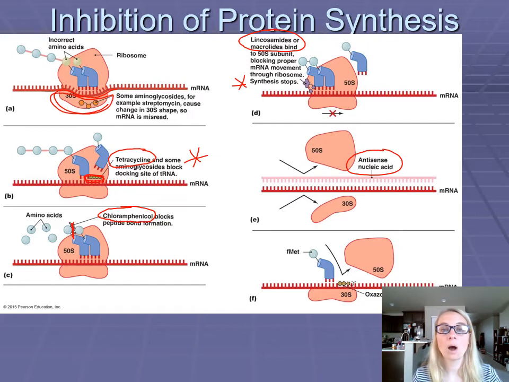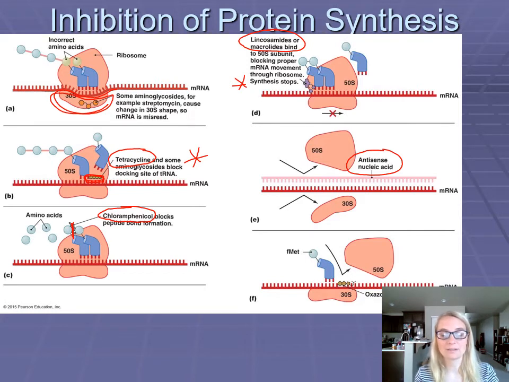They can make a complementary sequence of nucleic acid that will, because of the hydrogen bonding, there's that attraction between the A's, U's, C's, and G's if we're talking about mRNA. And the drug is these short pieces of this antisense nucleic acid that will then hydrogen bond to the mRNA.